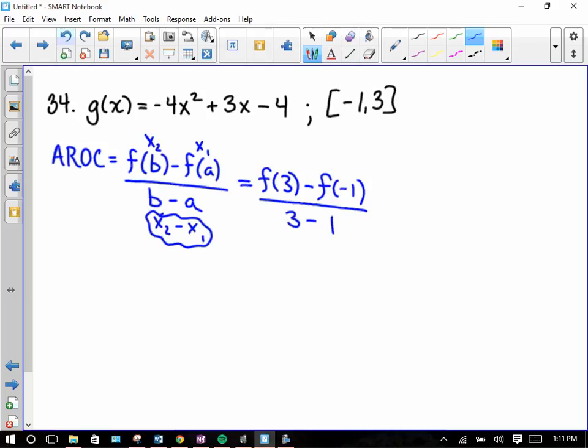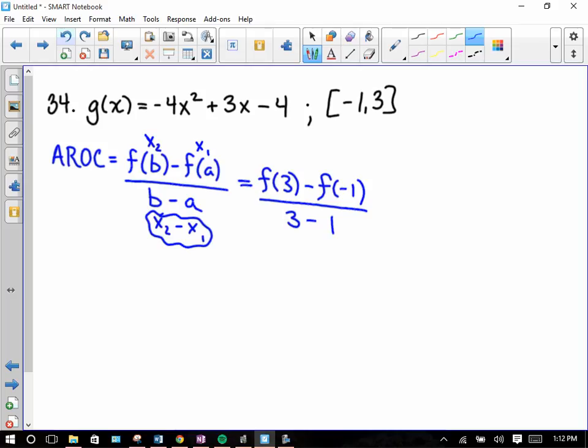I'm putting it this way because I want you to get used to seeing it this way for your next math class, especially if you take calculus, because that's the way we're gonna write a lot of stuff. You'll see the exact same thing next year, but it'll just be kind of different. So I want you to get used to the notation.